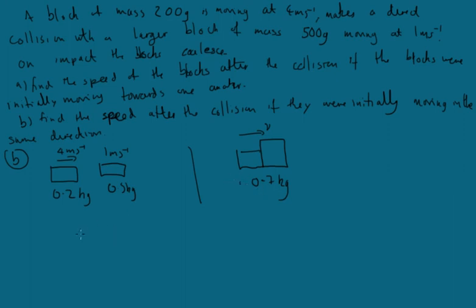So the total momentum before, in that direction, is 0.2 times 4 plus 0.5 times 1, and this time it's positive 1 because the direction of motion is the same. So it's 1.3 Newton seconds.